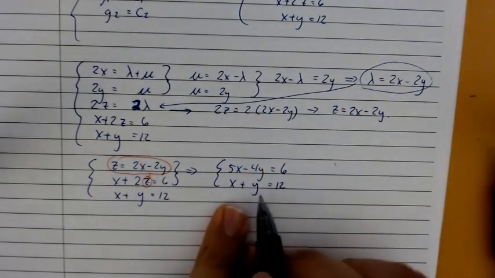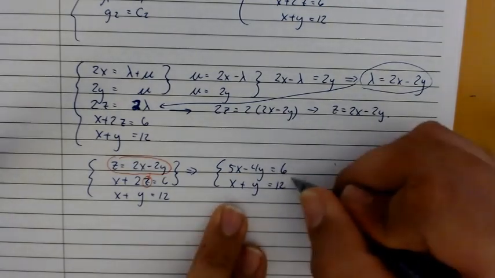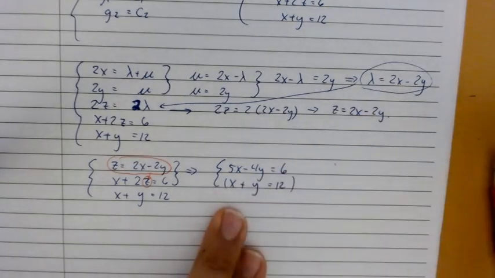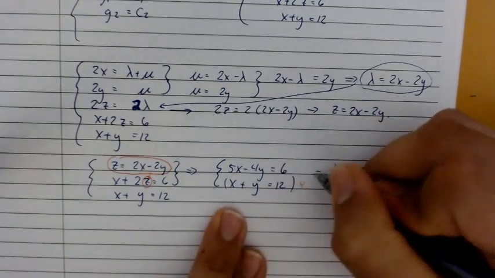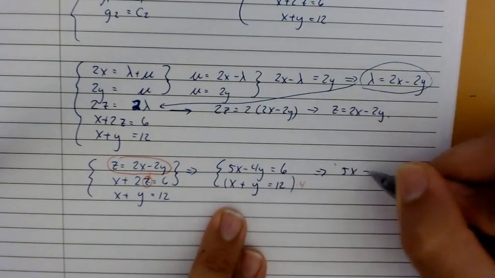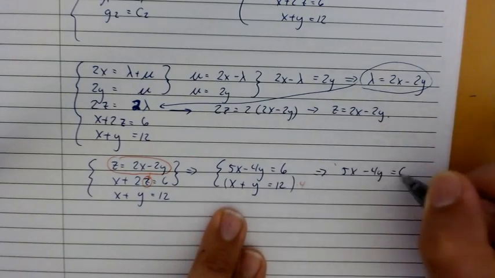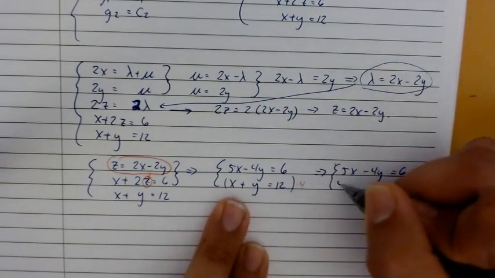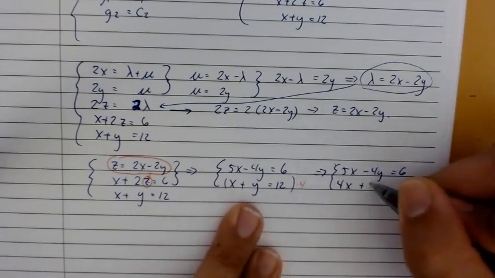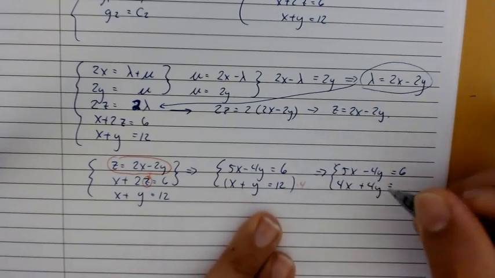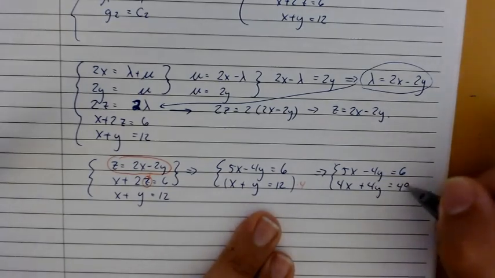Let me multiply the bottom line by 4. That'll give me 5x minus 4y equals 6, and 4x plus 4y equals 48.